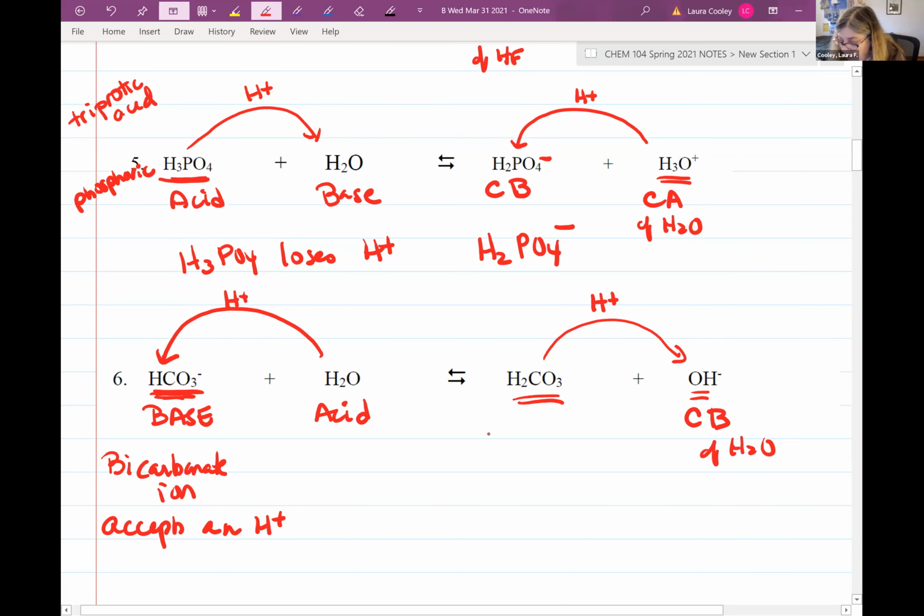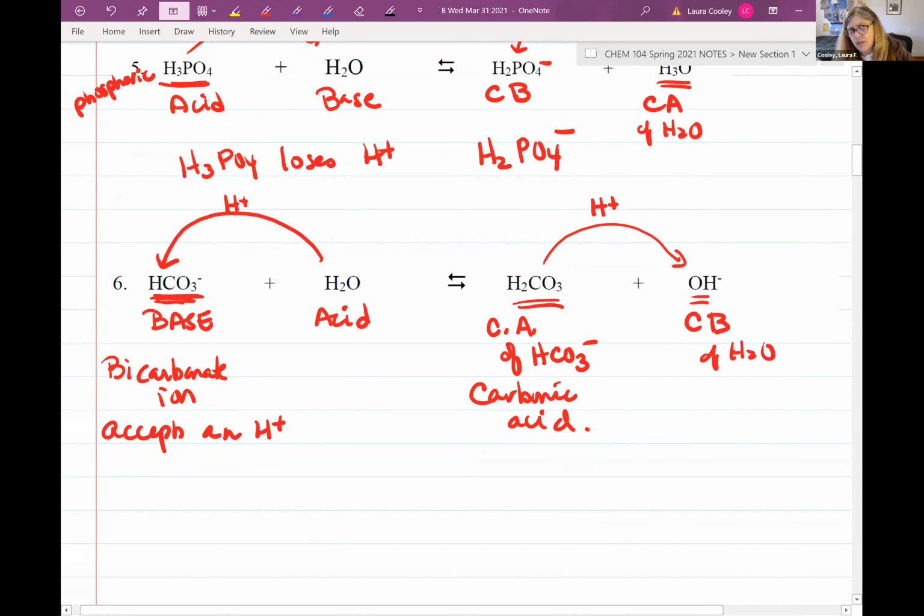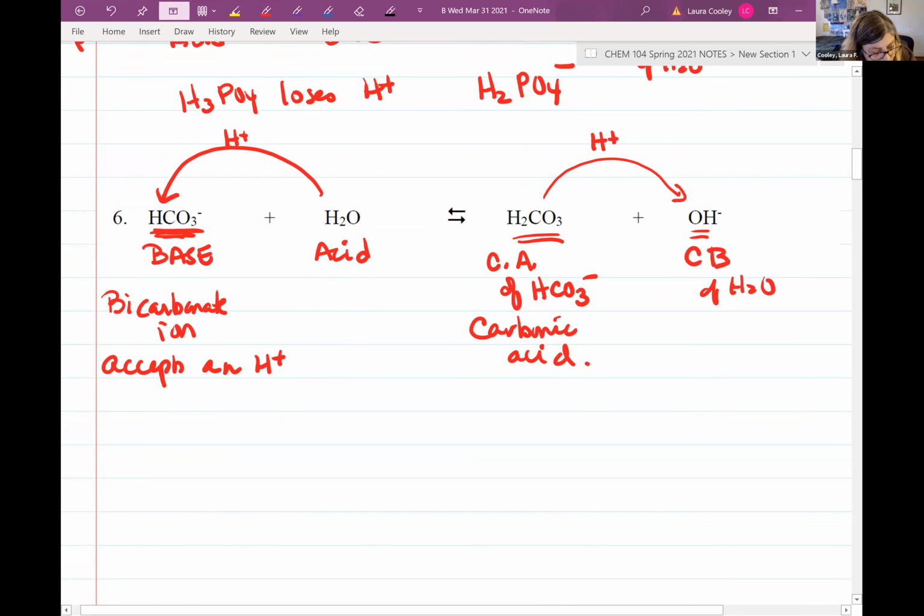You don't need to know the name, or if you did, you could look it up on that chart. This is the conjugate acid of HCO3 minus. It's called carbonic acid. Okay, so those are all the examples. So these are very basic acid-base reactions.